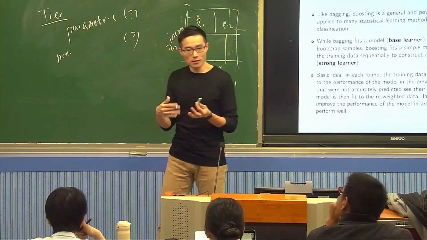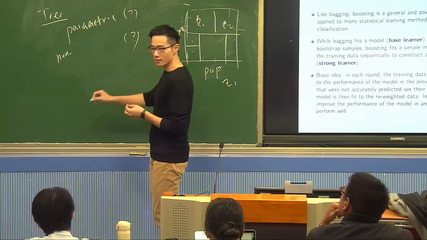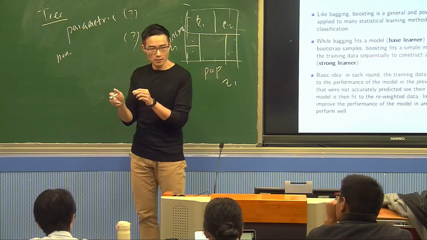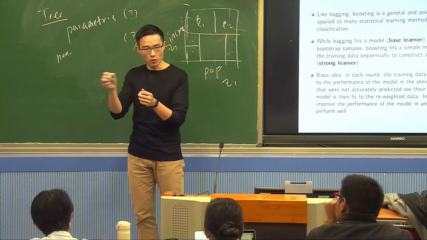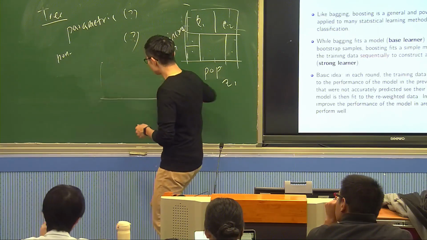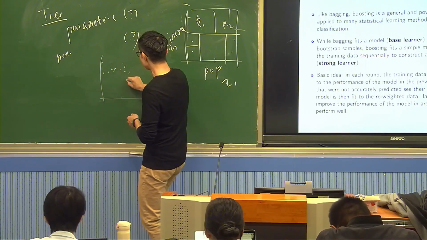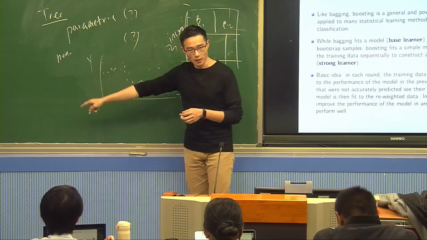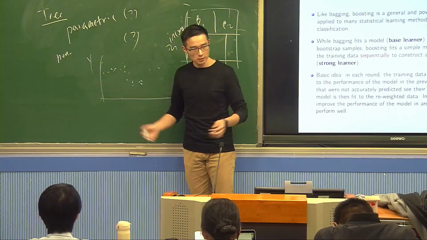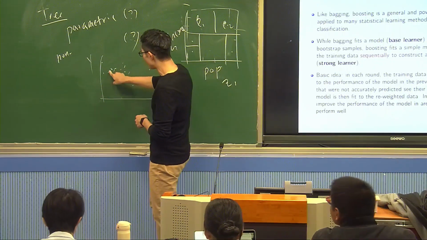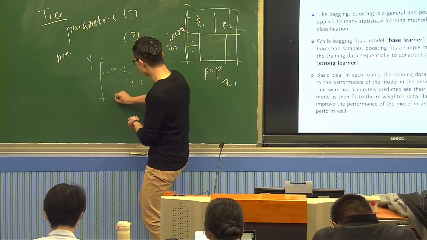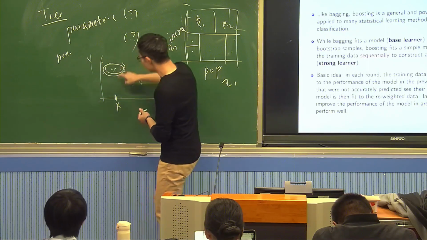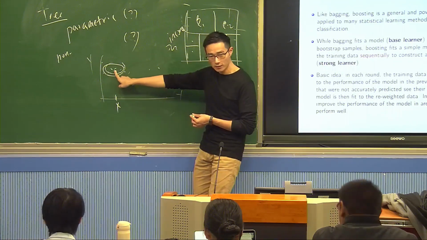What is a non-parametric model? Like I said before, all non-parametric methods are different versions of local averaging, right? So if I have a bunch of y data, if this is x and this is y, I want to use x to predict y. I don't have any model. Every time I want to predict y at this point, all I do is average the data points in the neighborhood by giving them different weights.